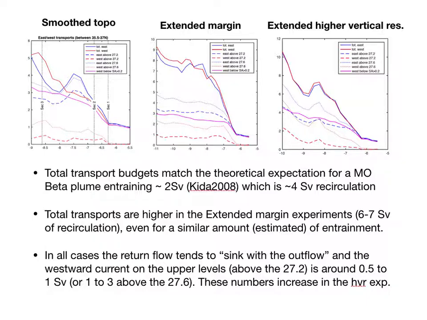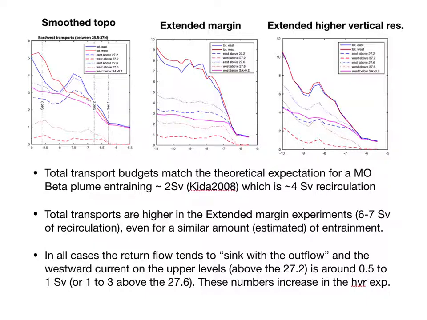Okay, if we repeat the same exercise of calculating the budgets through the volume fluxes, trying to estimate both entrainment and transport through a volume budget above different isopycnal levels, that's what we do here. We have a bit more transport in the extended margin experiment than in the smooth topography experiments.